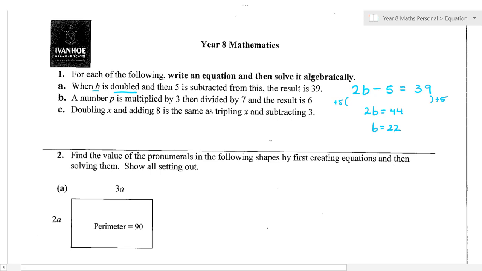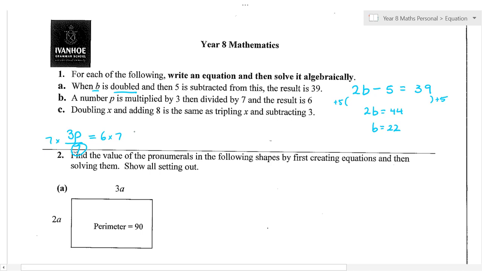Really not much room. Let's do it over here on the left. Number p is multiplied by 3, so we're going to have 3p. Then divided by 7, and the result is equal to 6. Now, there's a number of things we can do, but let's get rid of this 7 first. So we have to times both sides by 7.